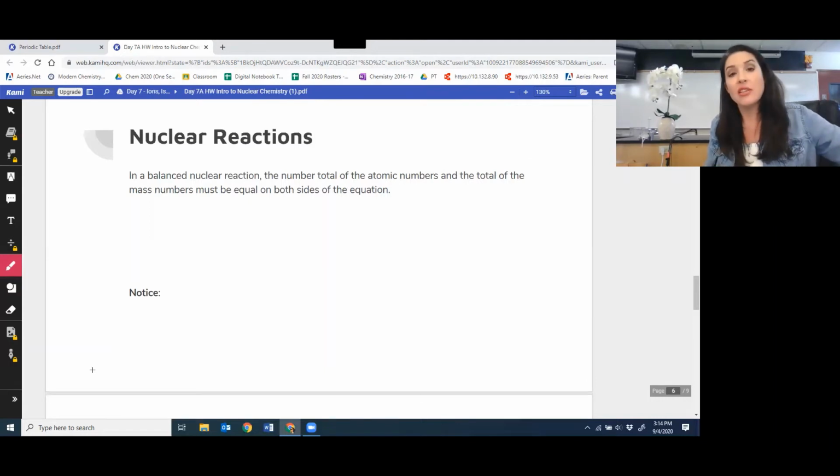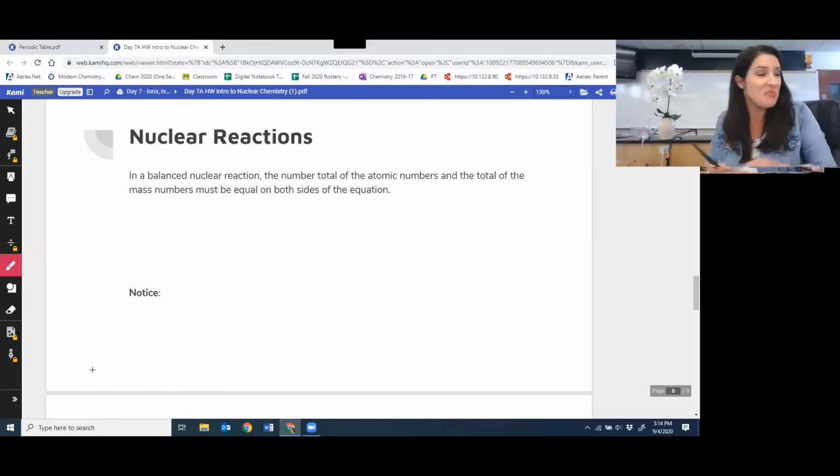And the reason for that is no matter what kind of reaction we have, we're going to start with a certain number of protons. We should end with that certain number of protons. None of the subatomic particles are going to cease to exist or be created or destroyed in this process. So we need to make sure we count them all up and take a careful accounting of each. So let's take a look at an example of a balanced nuclear reaction.